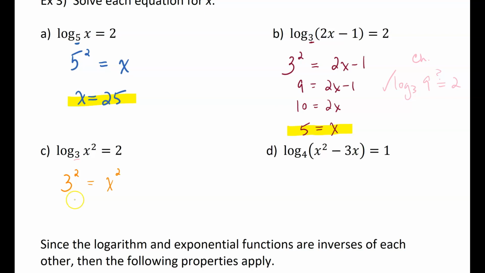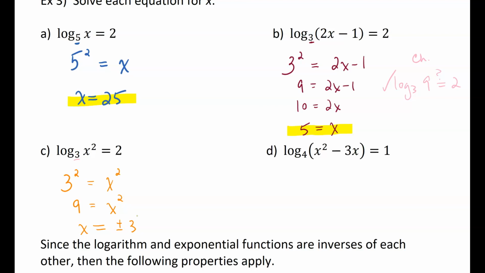So that means I'm going to have 9 is equal to x squared. So x is equal to 3. Okay, technically we have plus or minus 3.